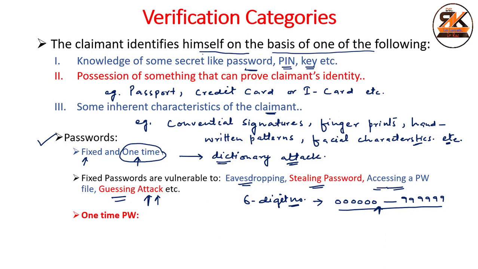To make this attack difficult, the system uses a salting approach. There is a salting approach to make the brute force attack, or the dictionary attack, impossible. In this method, a random string called the salt is appended to the password, and the salted password is then hashed.